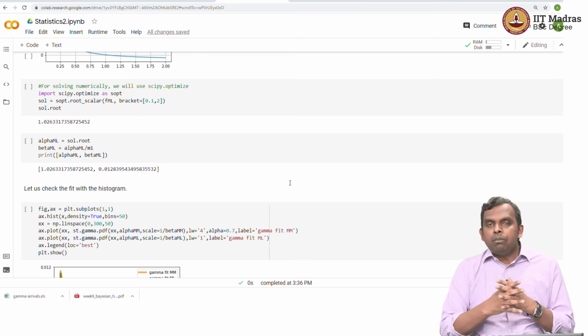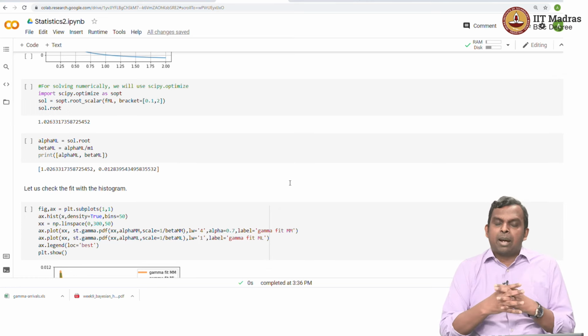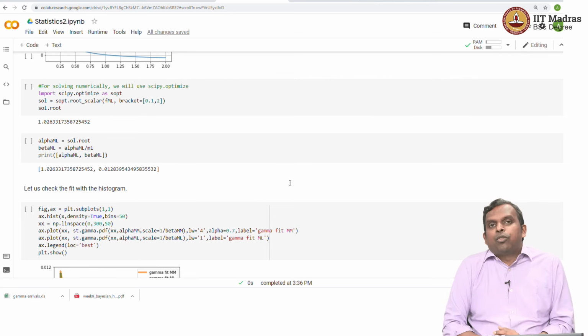And then you should be able to do confidence intervals for it. You can use Bootstrap. You might have to do numerical solutions to equations for finding the ML estimate if necessary. Okay, so this concludes the study of the point estimation problems.